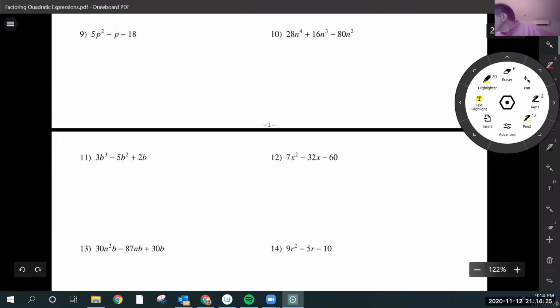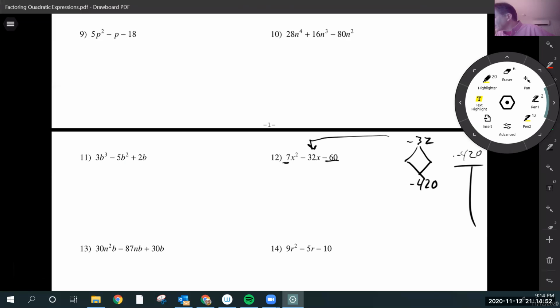And so the diamond, and I think, okay, well, what is it that adds to -32? It's my middle term. And multiplied, now I take my 7 times a -60, so that's a -420. So now that gets to be a big number.